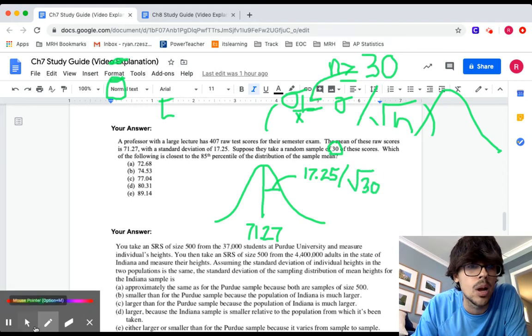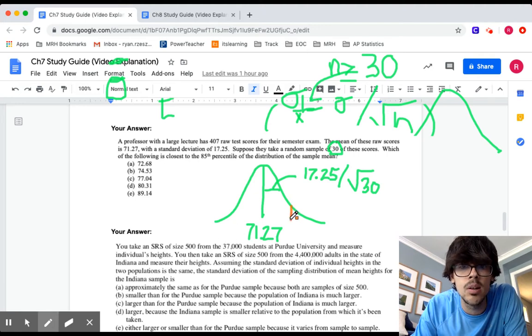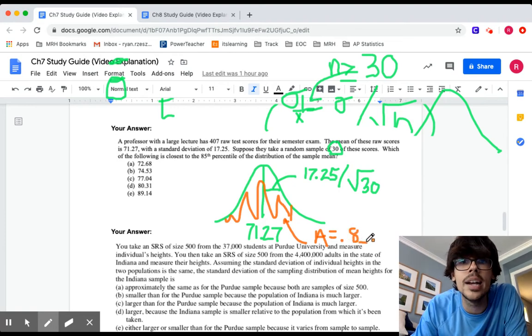And on this problem, they actually wanted to know the 85th percentile. 85th percentile means the area that you see in orange right there is going to equal 0.85. So when you're doing a percentile problem, you know the area already. So I need to do an inverse normal on this problem because I know the area.